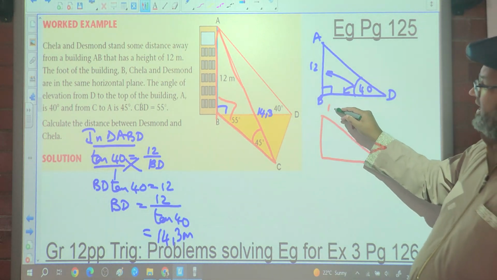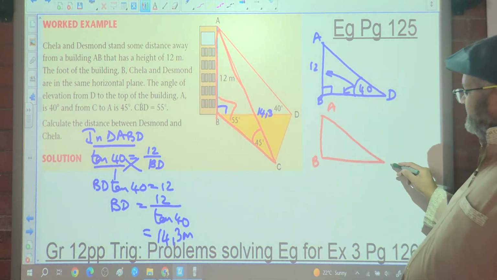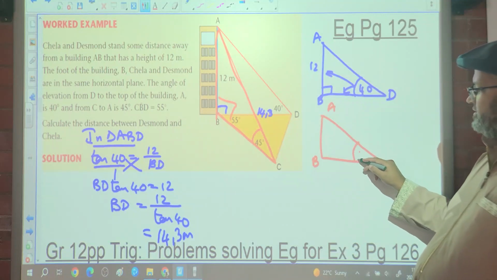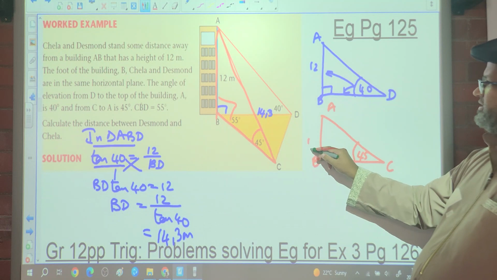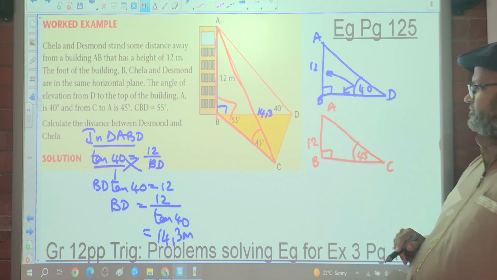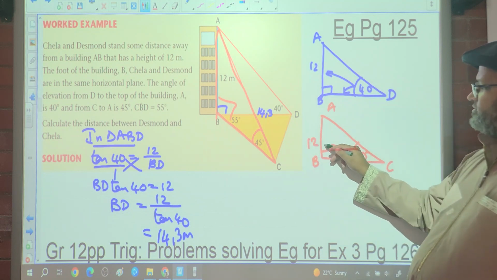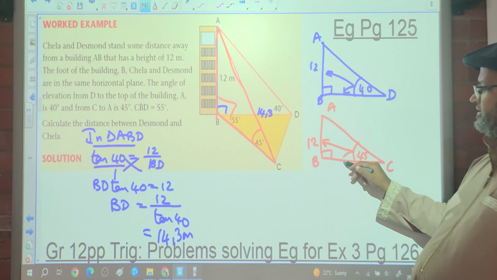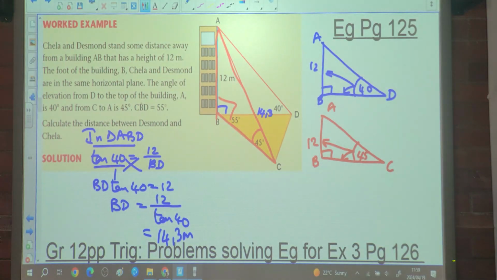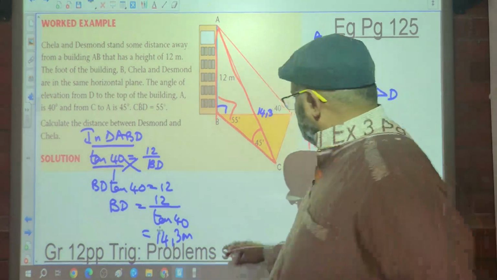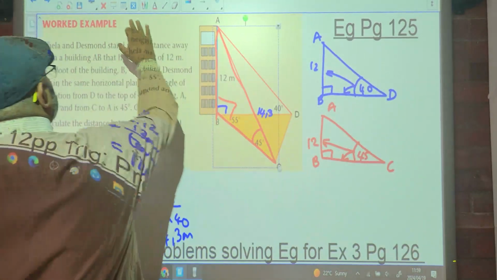This is A, B, C. This angle is 45. This angle is 90. This is 12. So which trigonometric function uses opposite and adjacent? Again, tan. Tan is popular, no? Everybody wants to be tans for it now.